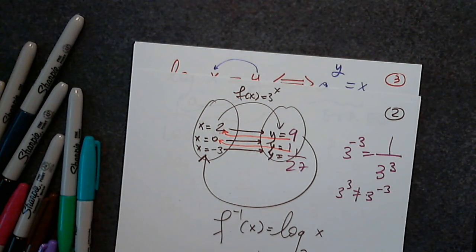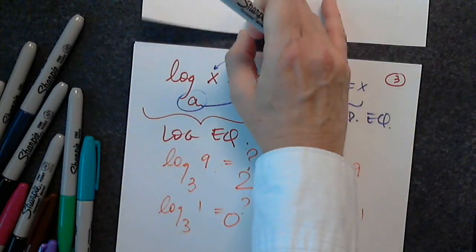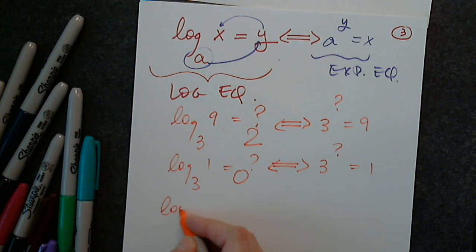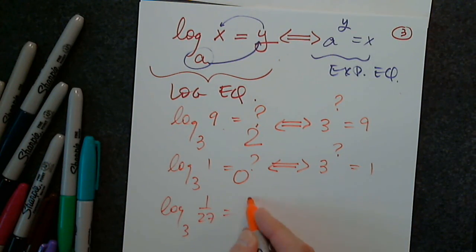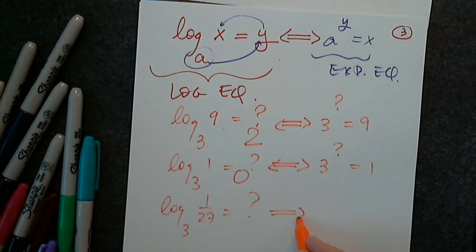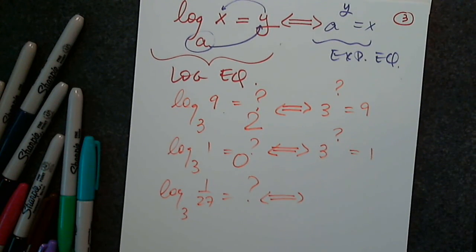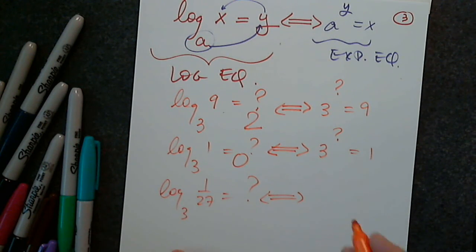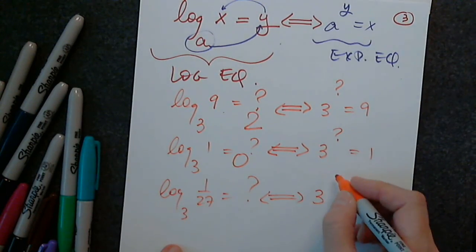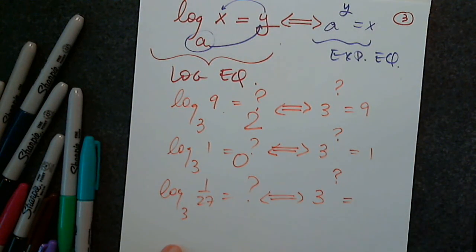Finally, we have to show that log base 3 applied to what? Yeah, let's see. So log base 3 of 1 over 27. Again, I have no clue, but I know that I can change this log equation into an exponential one, and I always have to start with the base and go counterclockwise. So what should I write? 3 raised to blah, blah, blah equals 1 over 27.